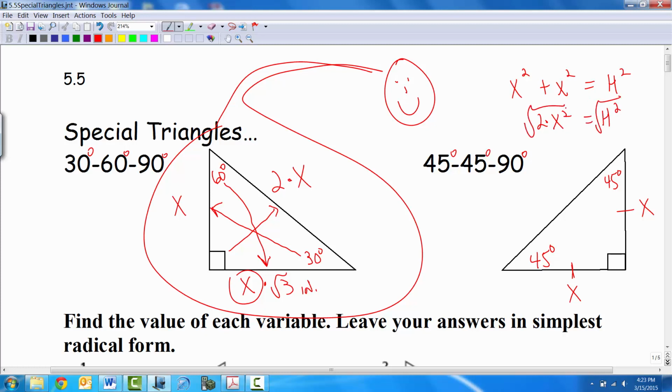You square root both sides. The square root of 2x squared is x times the square root of 2. Now that's the algebra 2 part. That may have been a little bit of a stretch, but that's what this side would always end up being: x times the square root of 2. So what I'm saying is, if you ever have a 45, 45, 90 and they only give you one of the legs, like 4, let's say, then you could get away with just doing the Pythagorean theorem because the other side has to be 4.